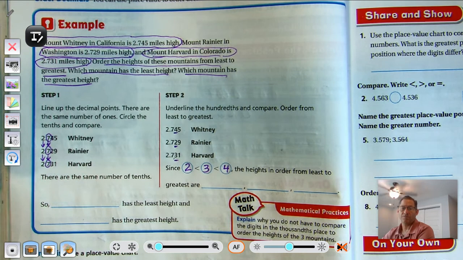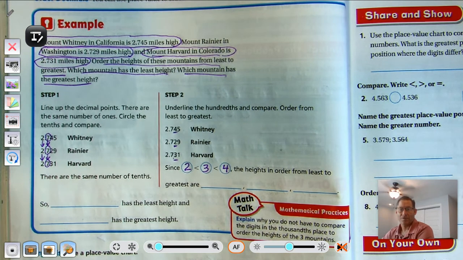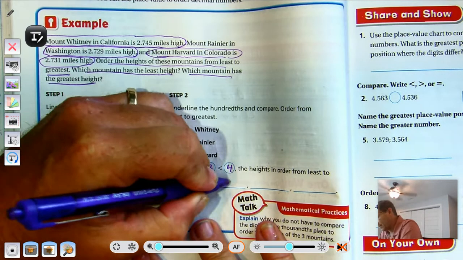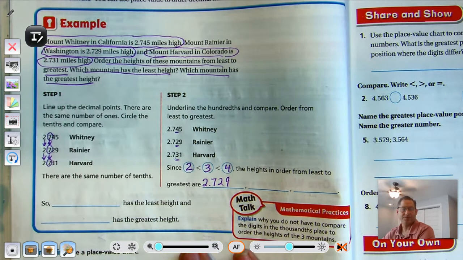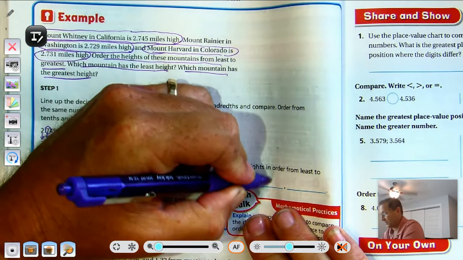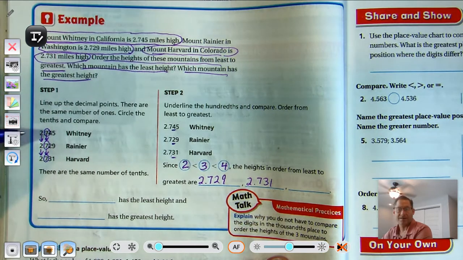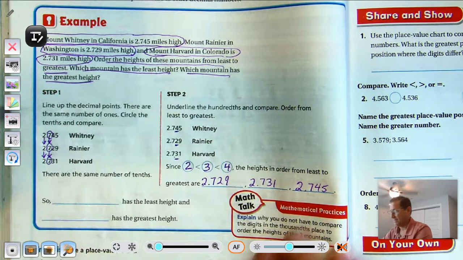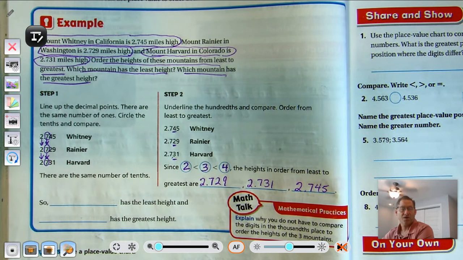So the heights in order from least to greatest would be 2 and 729 thousandths, 2 and 731 thousandths, and the greatest would be 2 and 745 thousandths. So blank has the least height.